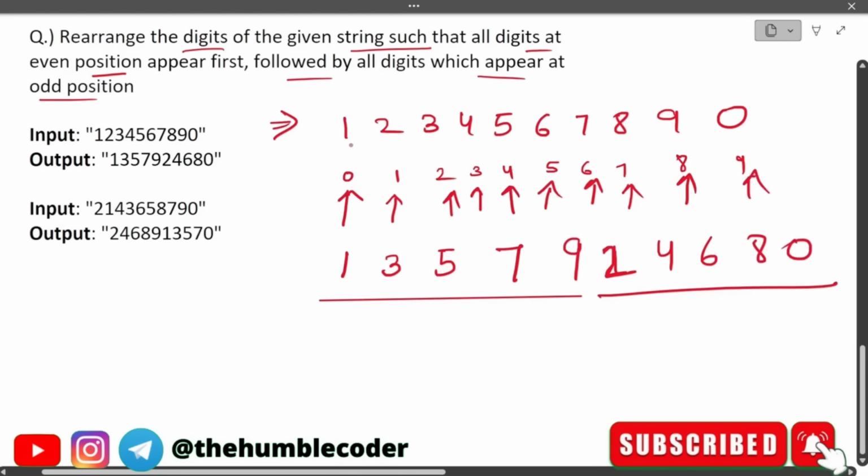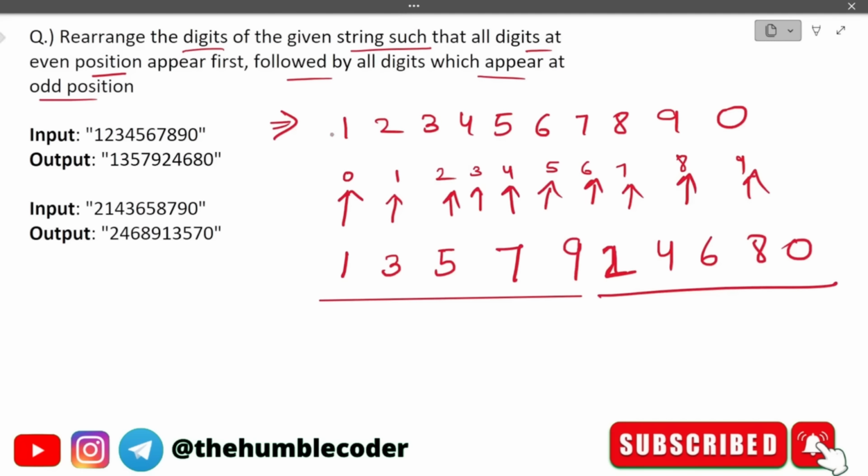Basically what we want is all the digits which are present on even places should come first, and then we have to put all the digits which are on odd places. Okay, so in this way our final output will be this. In the same way, if you see for this one, the even position ones are 2, 4, 6, 8, 9. Make sure that you don't get confused with the digits.